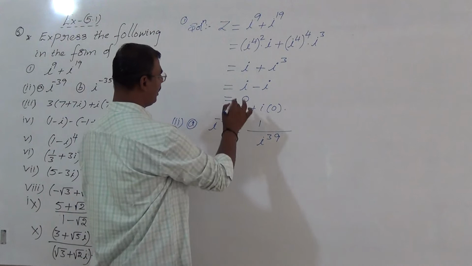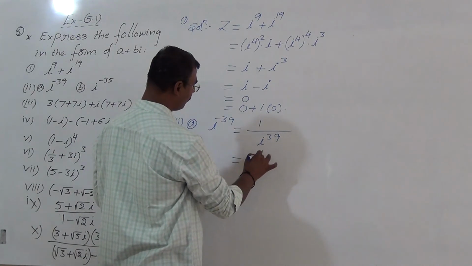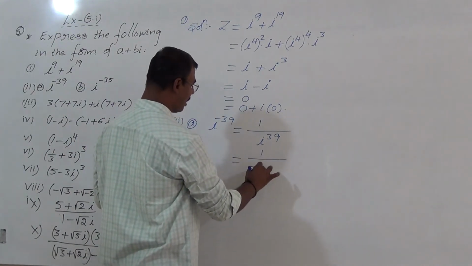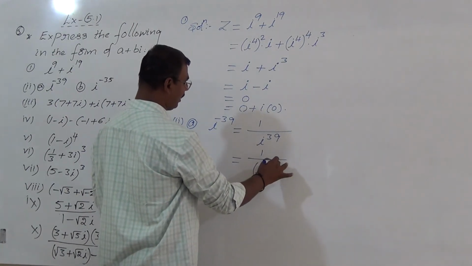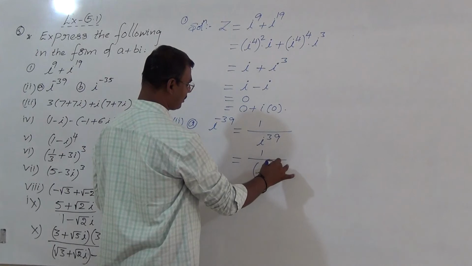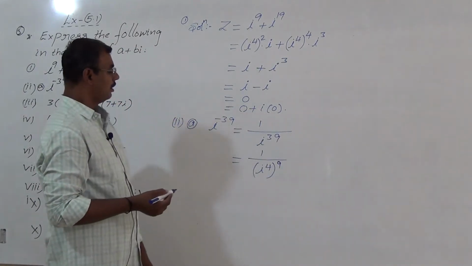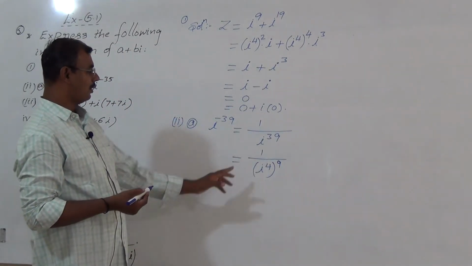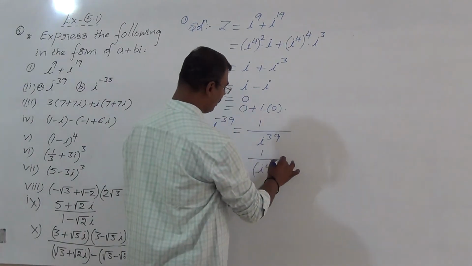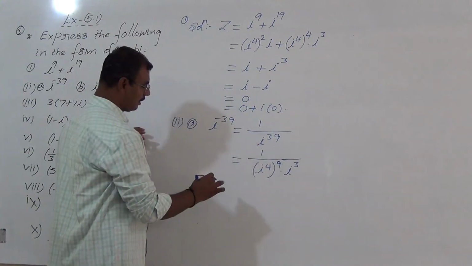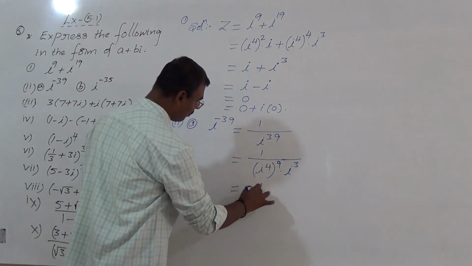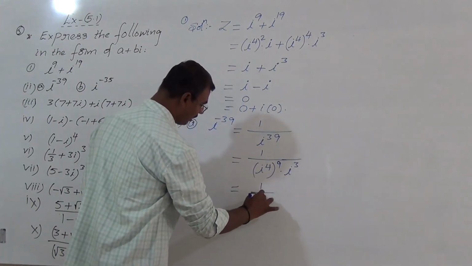Then we should write in the form of multiple of 4. 1 upon I raised to 4, here 9 4s are 36, I raised to 4 whole raised to 9 into I raised to 3. This is equal to 1 upon I raised to 3.